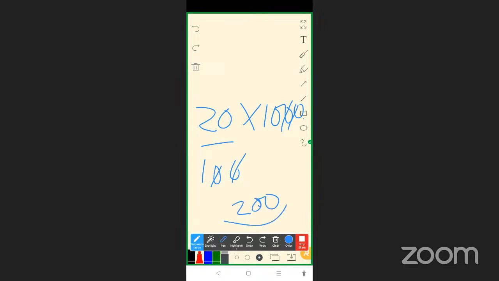Am I right? 20% of $1,000 could basically be $200.